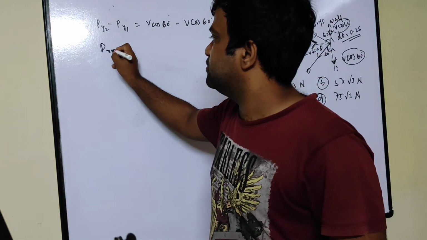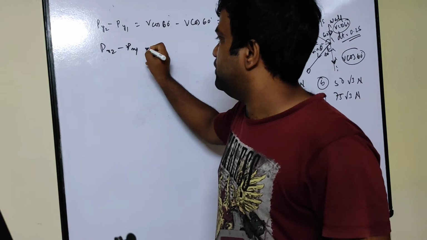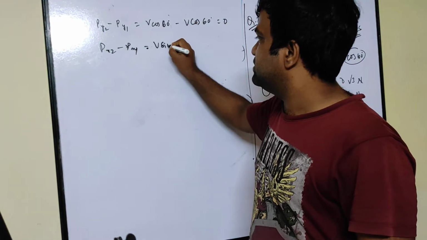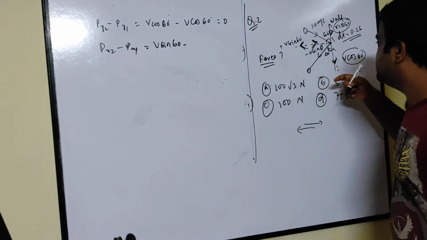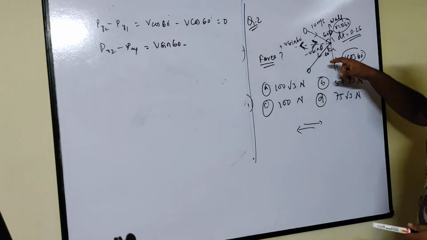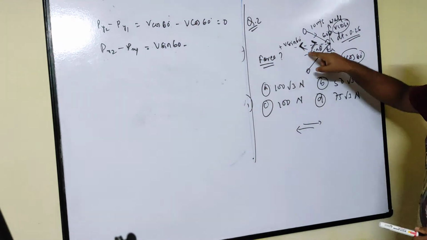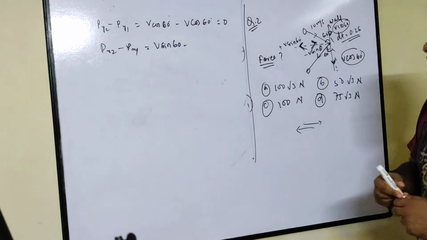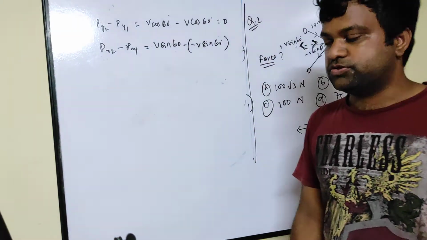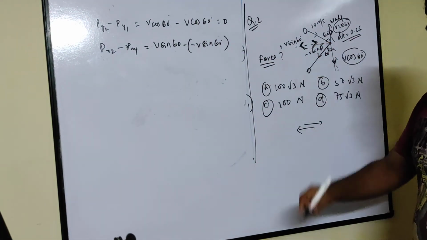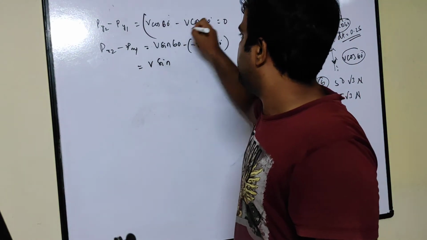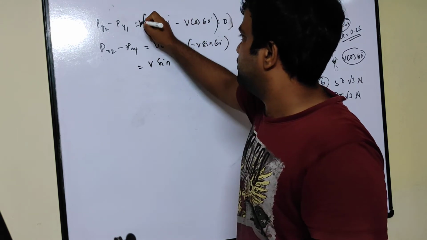Now px2 minus px1, so px2 is v sin 60 degree, minus minus v sin 60 degree, right? Because they are opposite, subtraction will give you a positive result, that will be 2v sin 60.